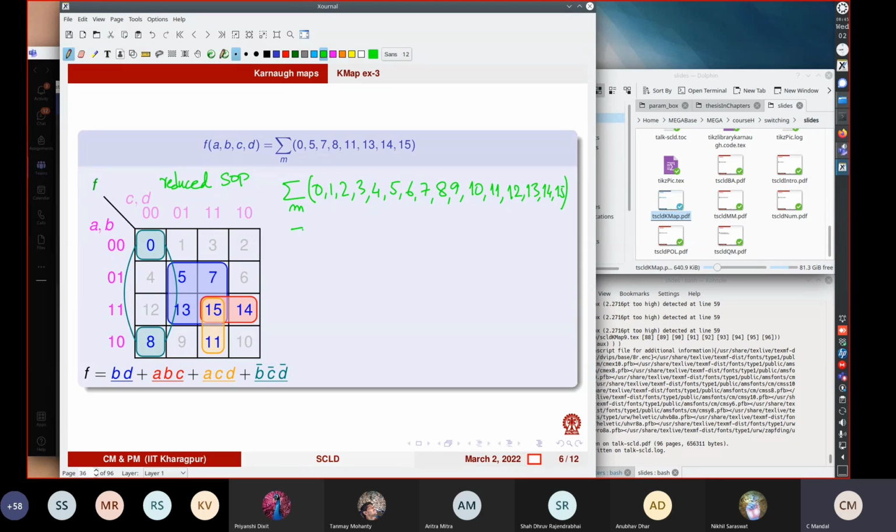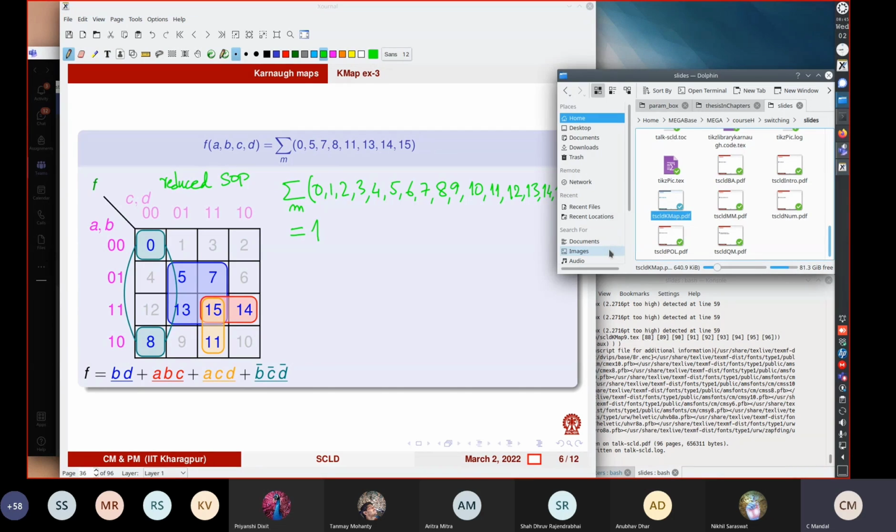It's not hard to see that this is just one, right? So what you find is that the input is highly inefficient. That means in the worst case, your input itself can be of exponential size, even when the output is a very simple function such as this one.